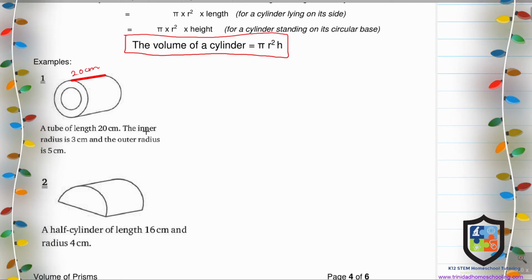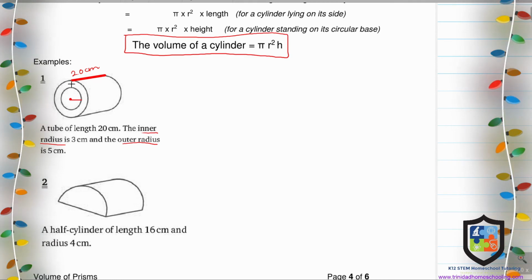Now there's an inner radius and an outer radius. For both of these circles that we're seeing here, the center of the circle is going to be the same for both of them. Alright, so we're starting at the same center. Now the inner radius is the smaller circle.